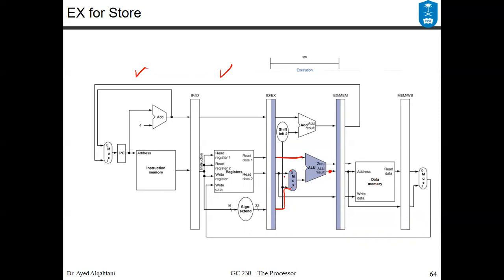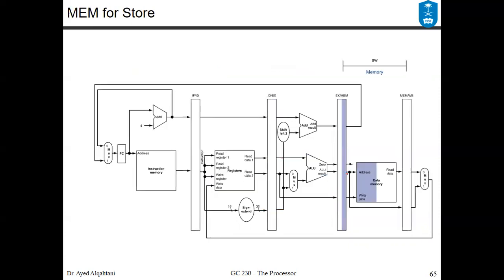But the difference here is that we also need this register, that when we read the register from the register file and we saved it here, we need this data to be saved in here. So when we move to the next stage, we have the address ready, and we also have the data ready for storing.